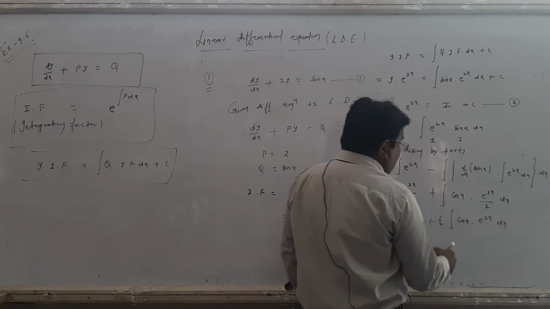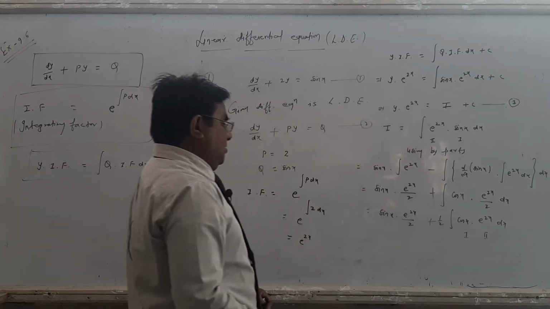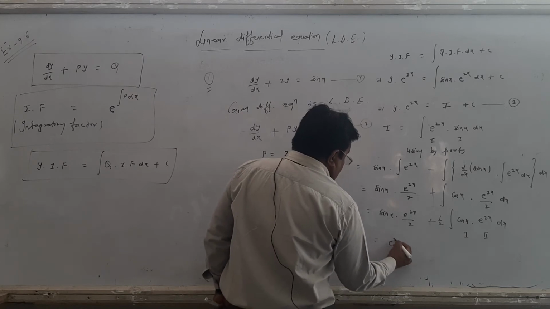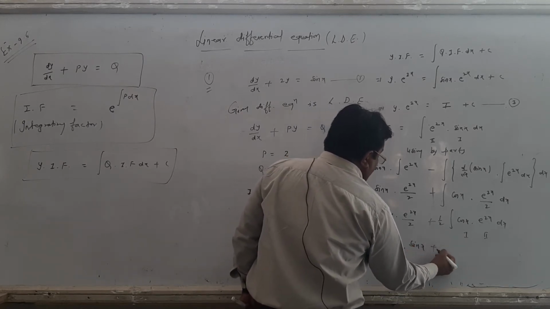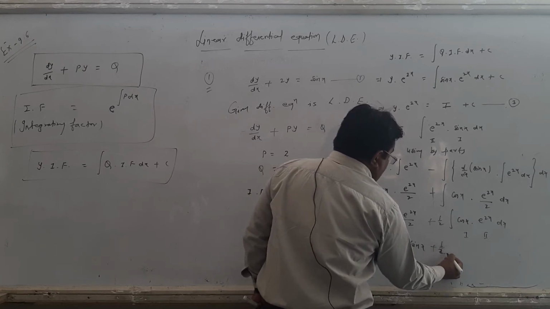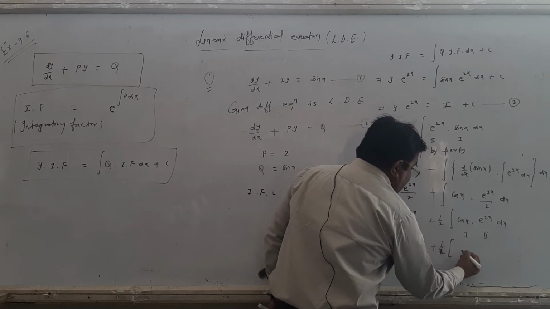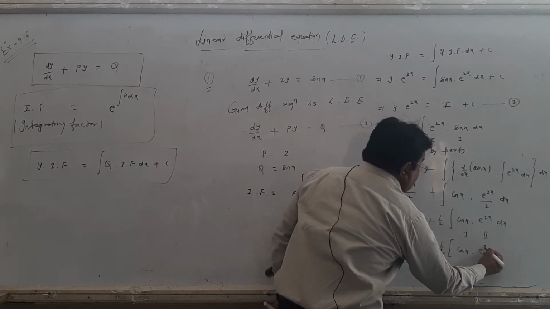Now again two different functions, again apply by parts, first and second, right, using the Euler rule. Then e raised to power 2x upon 2 as it is, sin x as it is, 1 by 2 as it is. Now apply by parts: first function into integration of second function. What is the integration of e raised to power 2x?